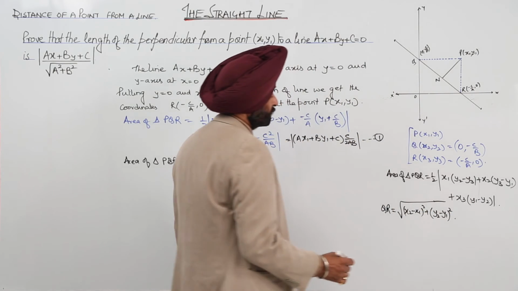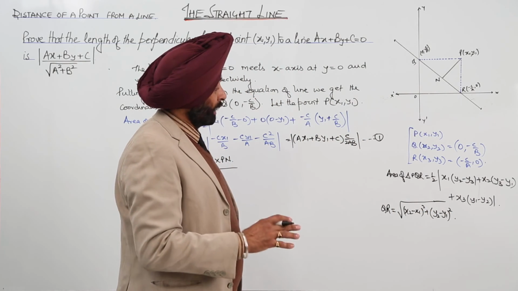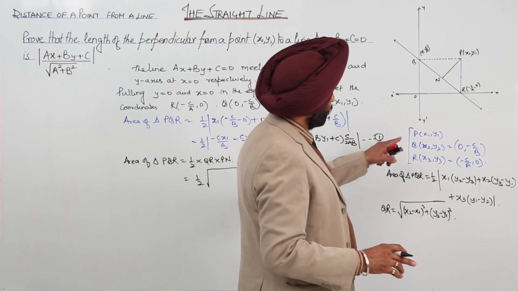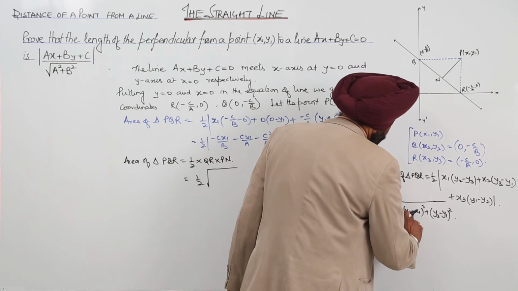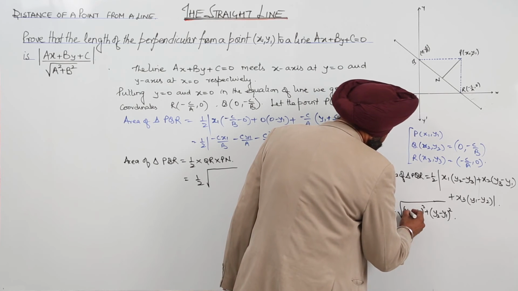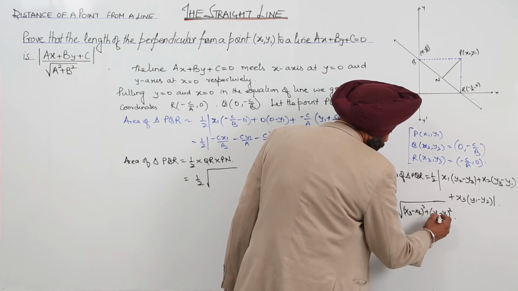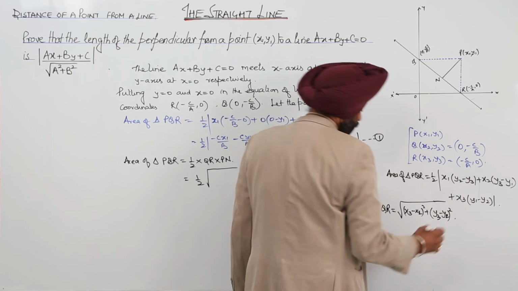Okay, these are the coordinates. Now because Q and R we have taken as x2 and x3, just change it. We will be writing (x3 minus x2) and (y3 minus y2).